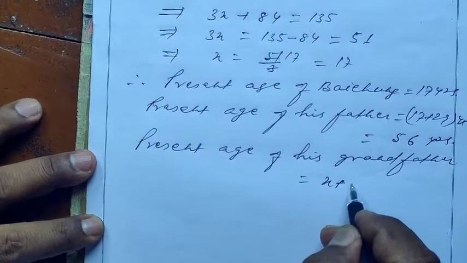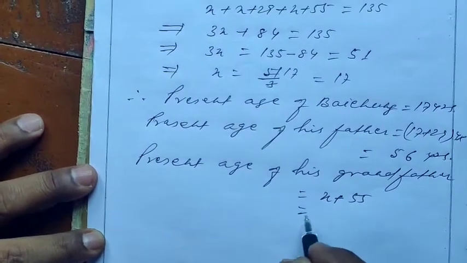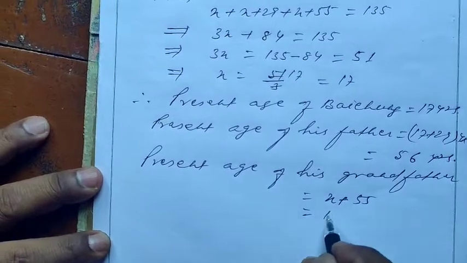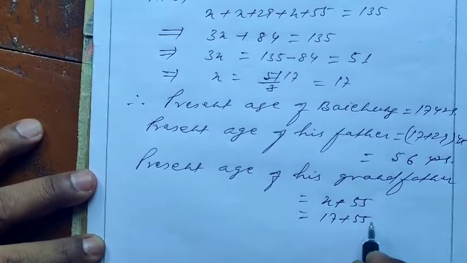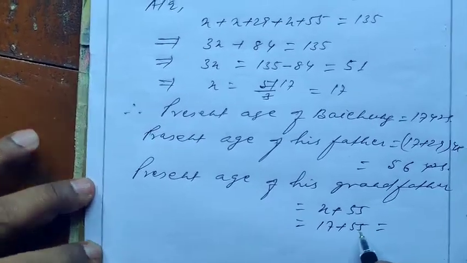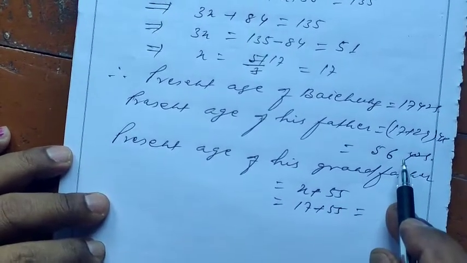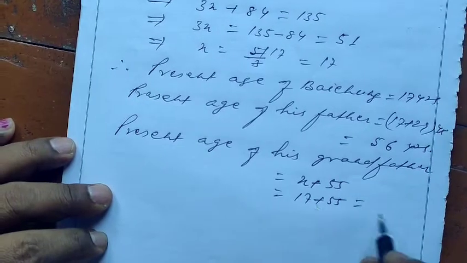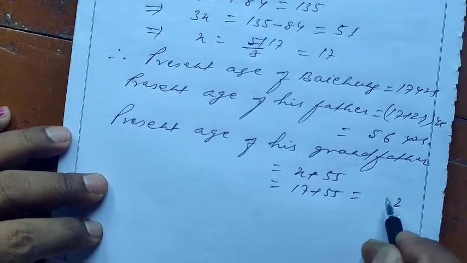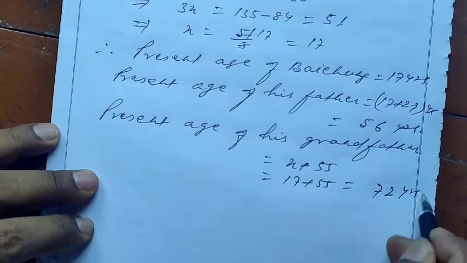The value of x is 17, so 17 plus 55 is equal to 72 years.